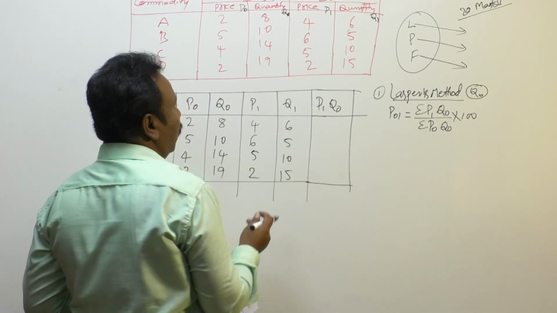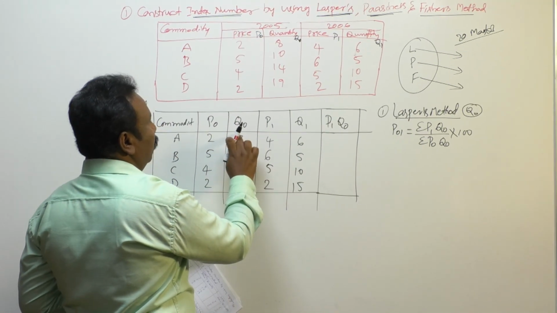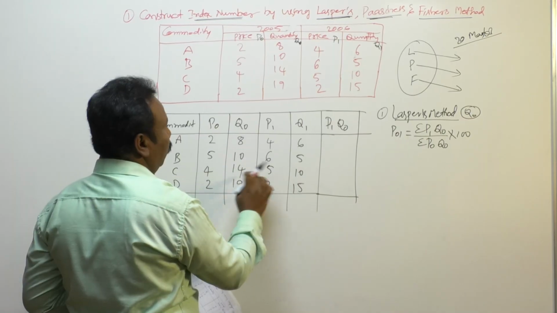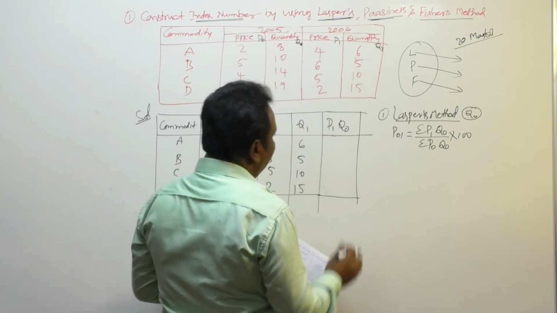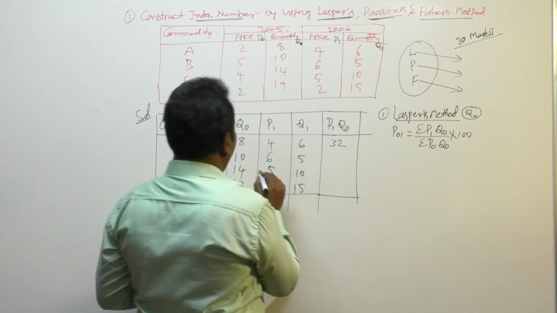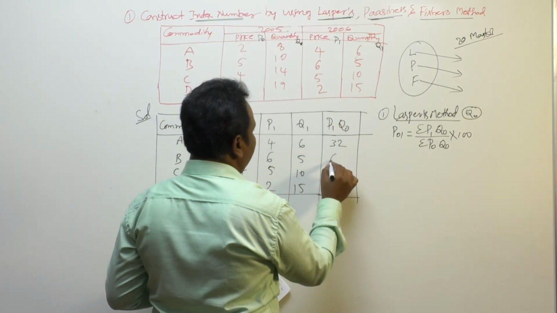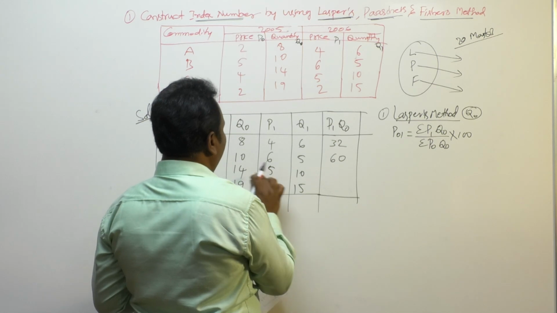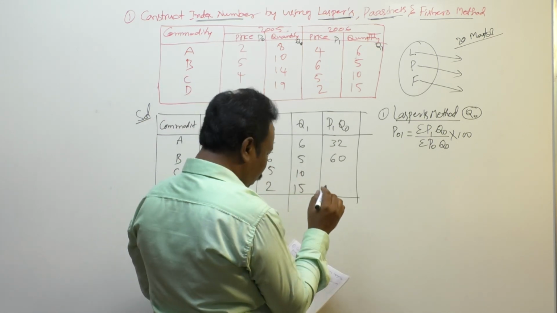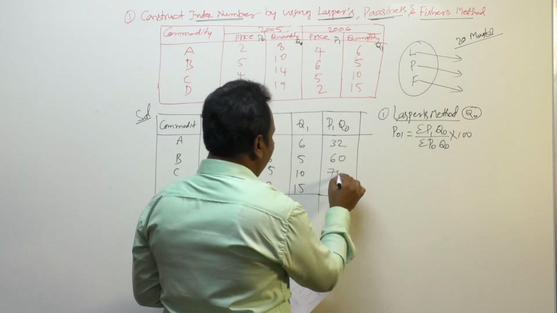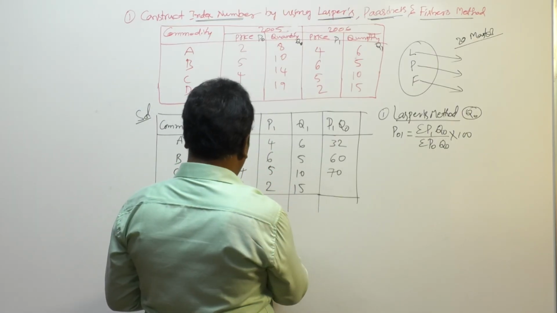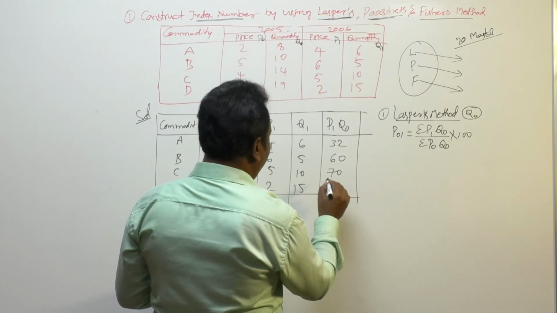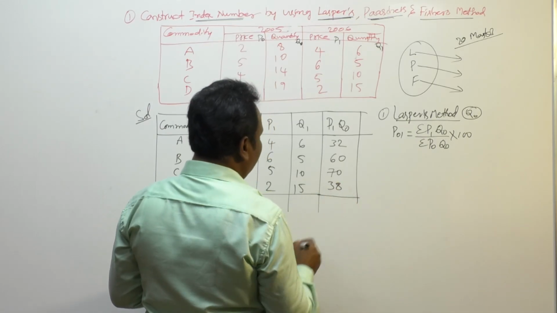How is P1 Q0 calculated? Multiply these two columns: 8 4s are 32, 10 6s are 60, 14 5s are 70, 19 2s are 38.